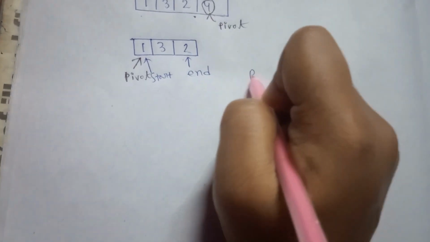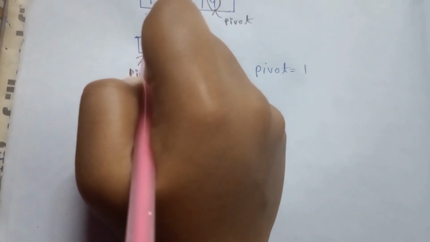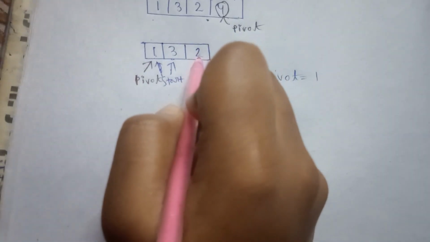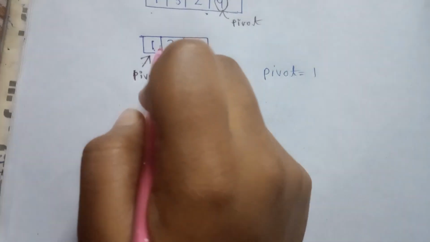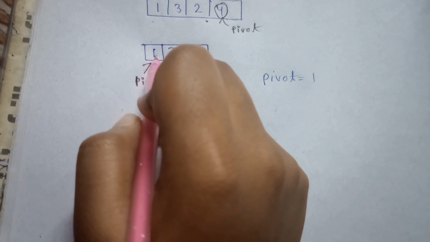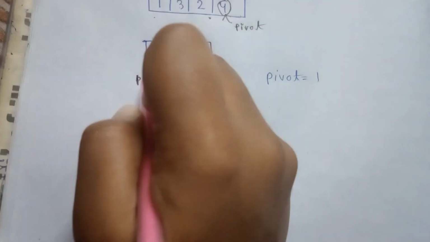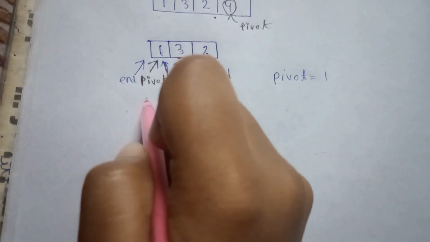Pivot is equal to 1. 1 less than or equal to 1, true, so increment start. 3 less than 1, false, so here start stops. End: 2 greater than 1, true. 3 greater than 1, true, so end is here.